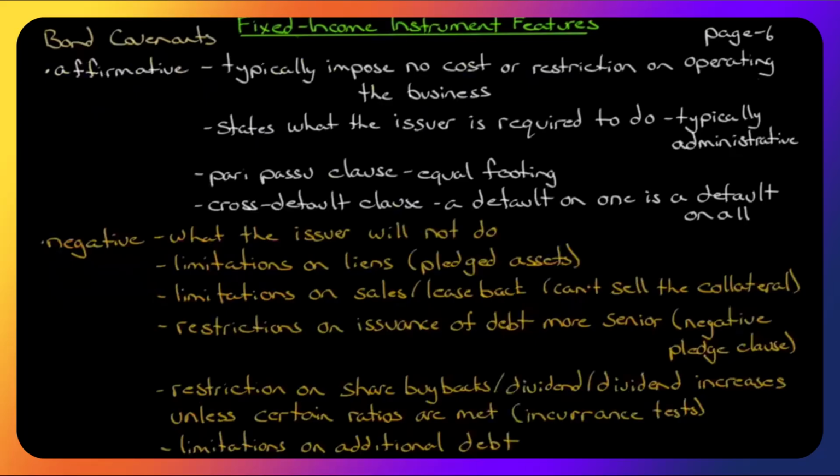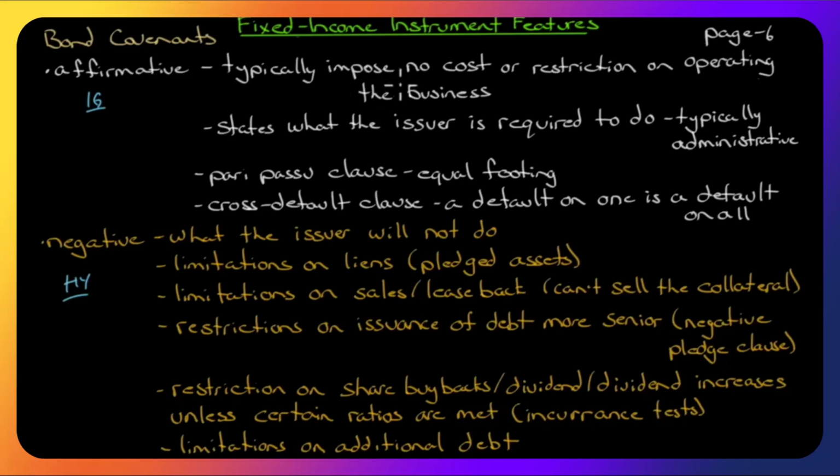There are two broad types of covenants in the bond indenture, affirmative and negative covenants. Typically with investment-grade debt, you typically just have affirmative covenants. High yield has affirmative, but also will have restrictive covenants as well. So let's have a look at what affirmative is. This typically means what the company is going to do, and what it's going to do is typically what it does anyways.